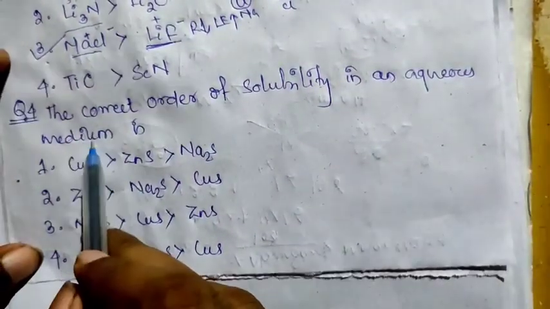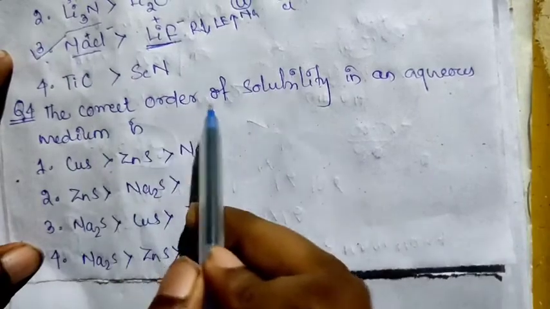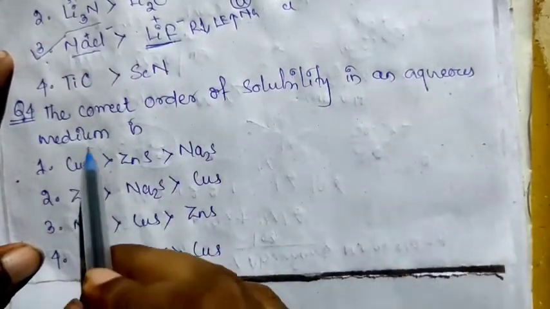Now come to question number 4. The correct order of solubility in an aqueous medium.